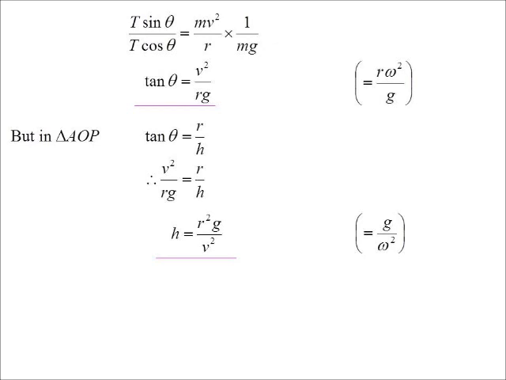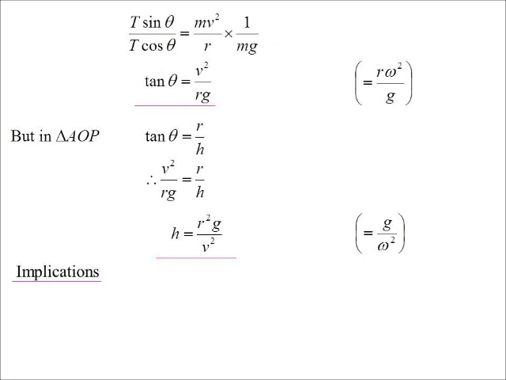Now g is a constant, and this backs up what I was saying about speeding it up, because the only thing changing is the angular velocity. As the angular velocity gets bigger, and it's in the bottom of the fraction, the height gets smaller. The helicopter rises, or the bob rises.